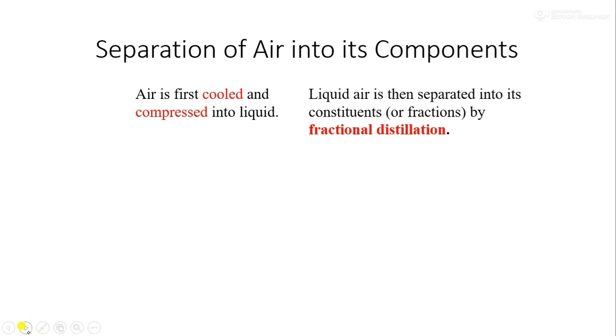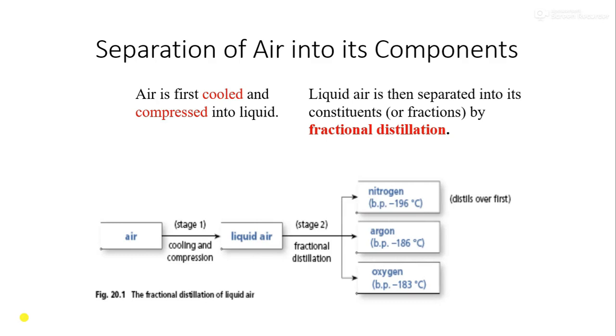Then this liquid air will give us nitrogen, argon, and oxygen according to their boiling points: negative 196 is the boiling point of nitrogen, negative 186 of argon, and negative 183 of oxygen. So firstly, we will get oxygen gas, then argon, and then nitrogen from the fractional distillation of air.